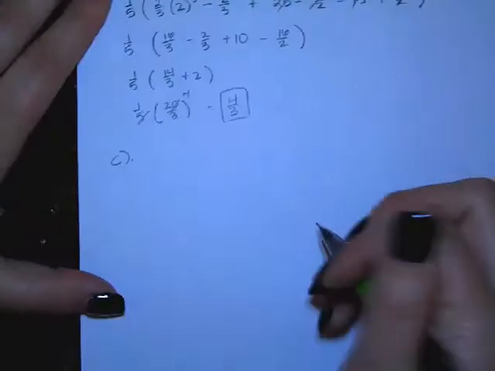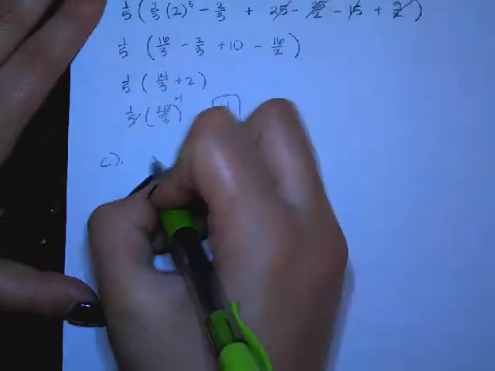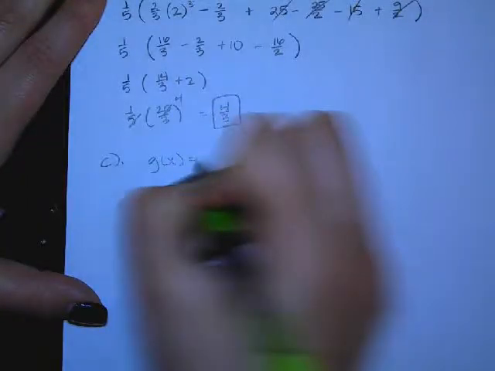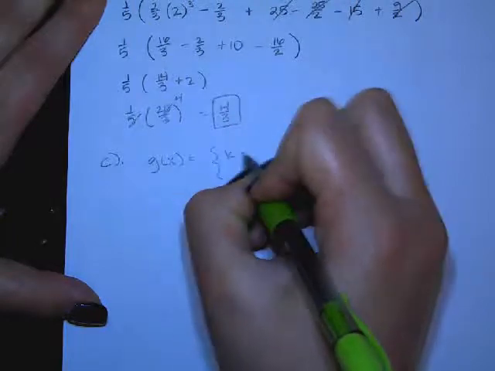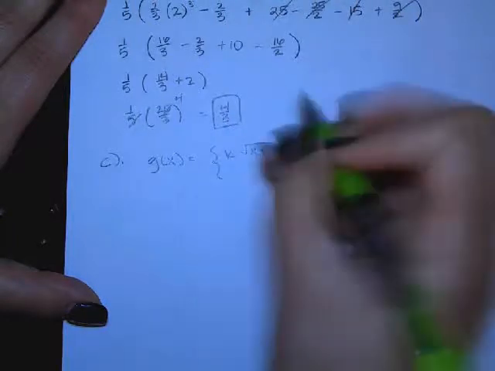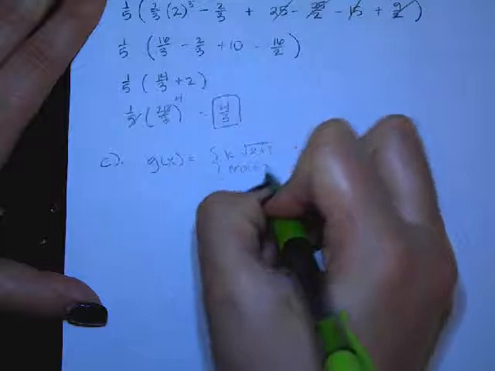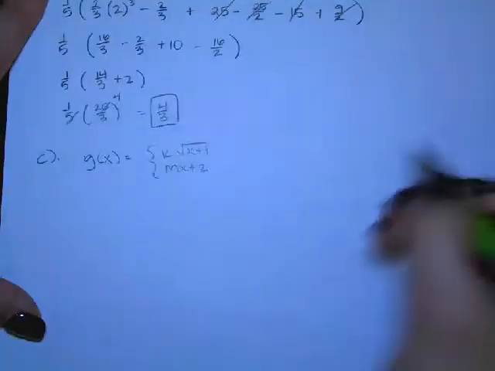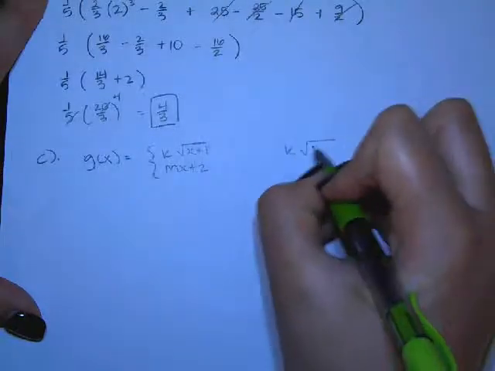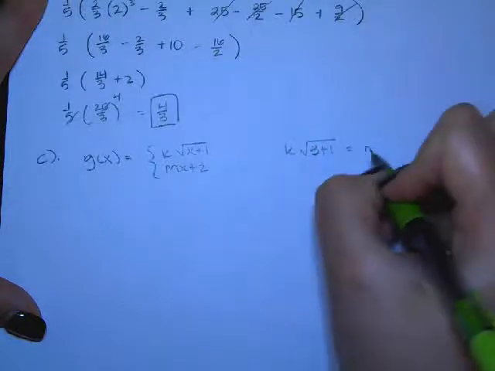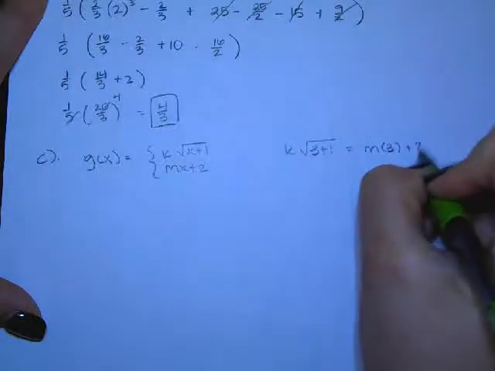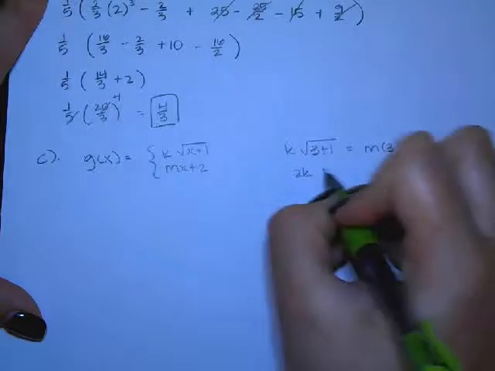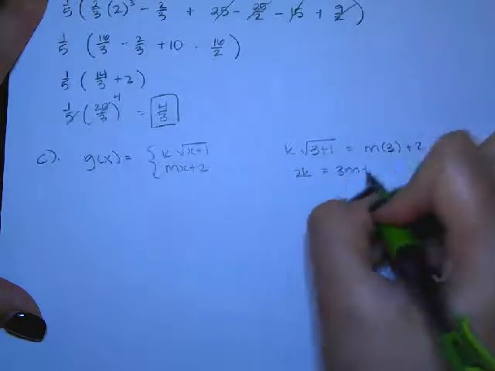So we've got g of x is k times the square root of x plus 1 over mx plus 2. So if we plug in 3, it should be continuous. So we've got 2k equals 3m plus 2.